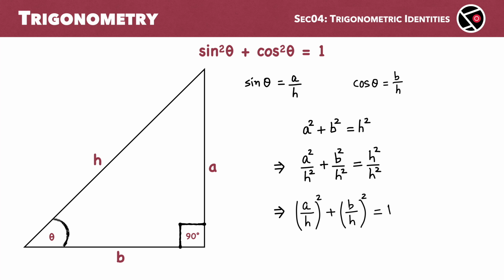A by H is sin theta and B by H is cos theta. So we get sin²θ plus cos²θ equals 1. And that's it, we are done.